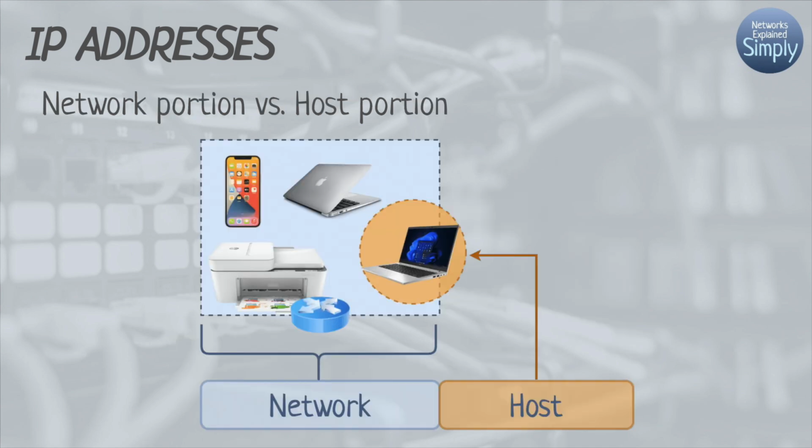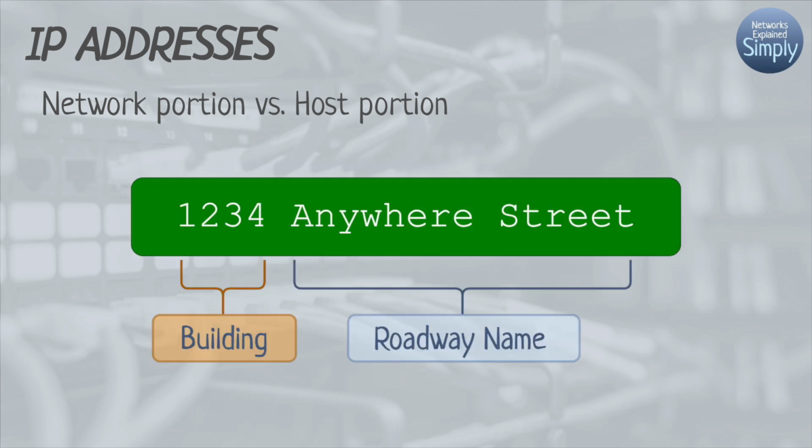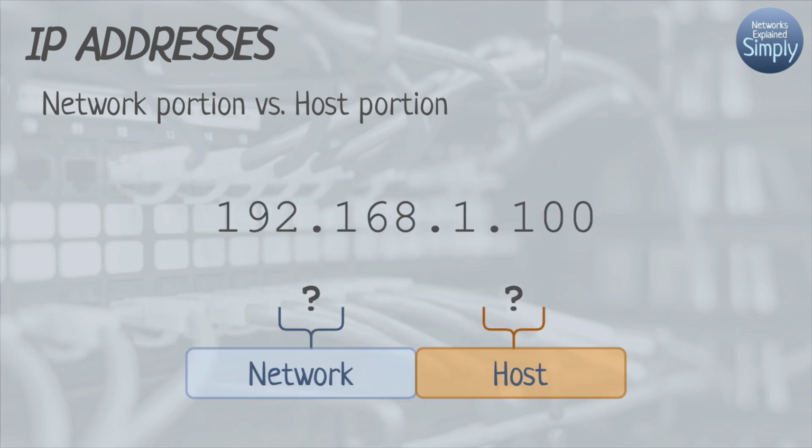As it turns out, every IP address has 2 sections. The first part identifies the network as a whole, while the last part identifies the host, or the specific device being referenced. We can understand this idea intuitively, just by thinking about the 2 parts of a street address. But unlike a street address, an IP address only contains numbers.